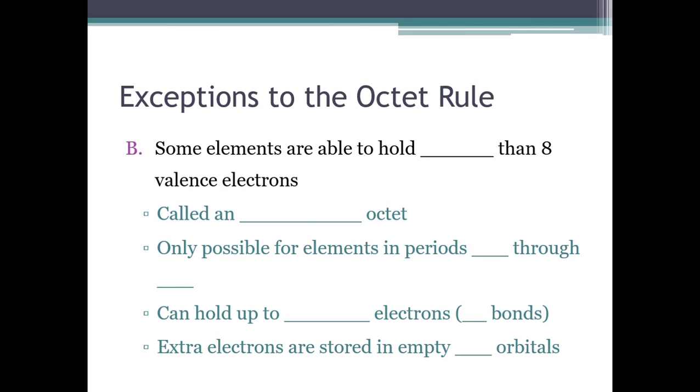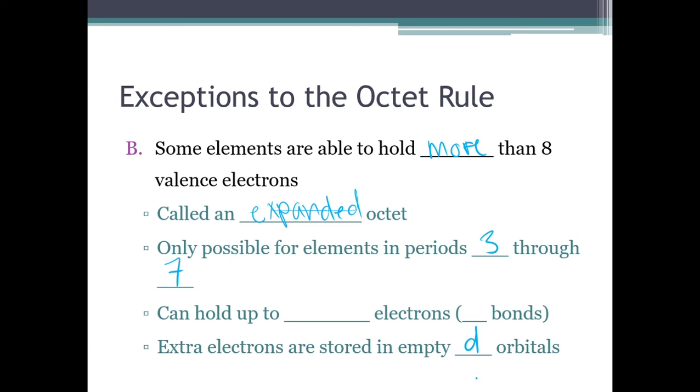There are also some elements that are capable of holding more than 8 valence electrons. They don't have to hold more, but they can. And when you have elements holding more than 8 electrons, it's called an expanded octet. This is only possible for elements in periods 3 through 7, because those extra electrons are stored in empty d orbitals.